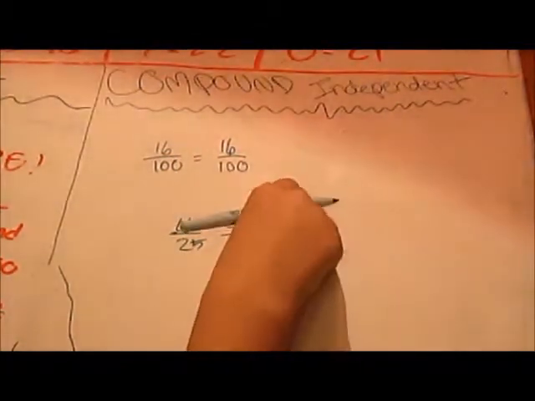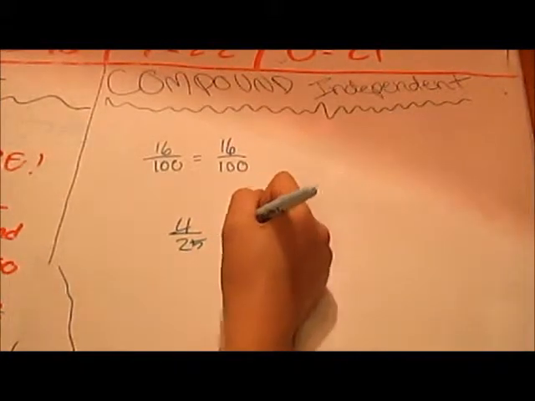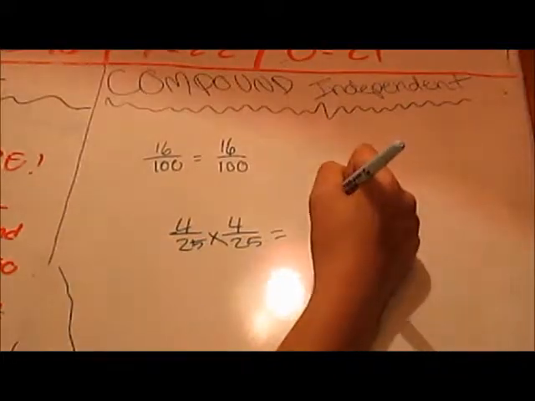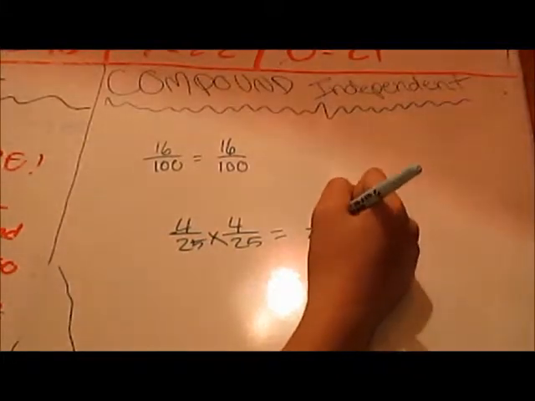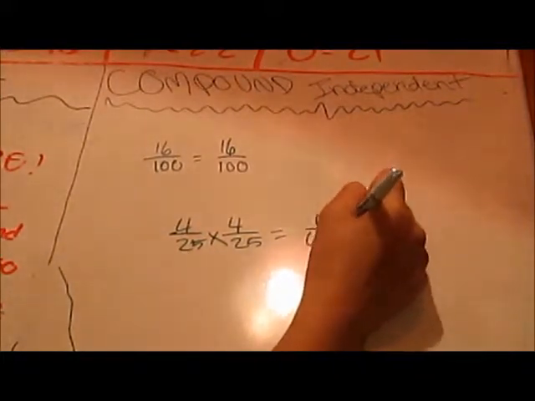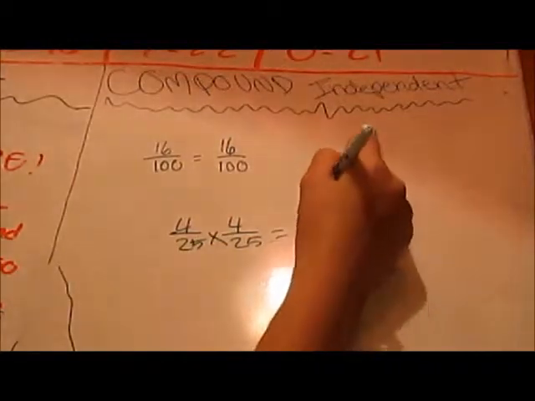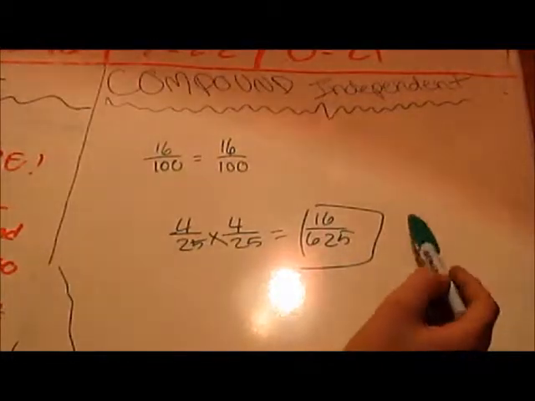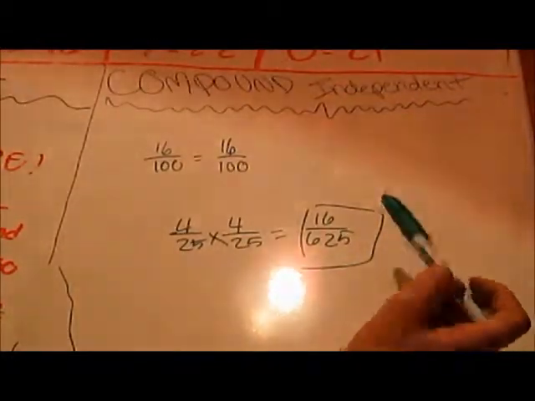Now, to find out what the probability is, you always multiply it. So, it is 16 out of 625. And that is the compound independent probability of these two results happening. Now, next time you do this, make sure every single time to simplify as much as you can.